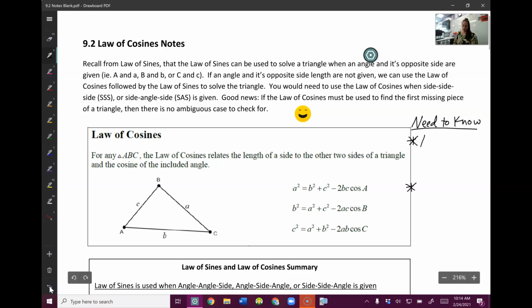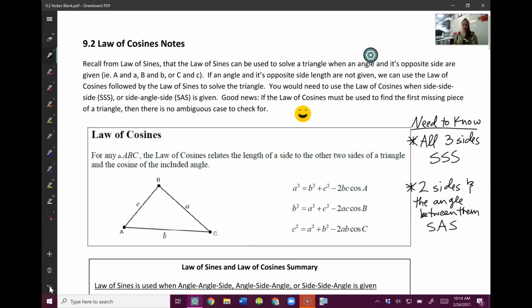For the law of cosines, you either need to know all three sides, which we call SSS, because that's all three sides, or you need to know two sides and the angle between them. And we call that SAS, because we have two sides and the angle between them.